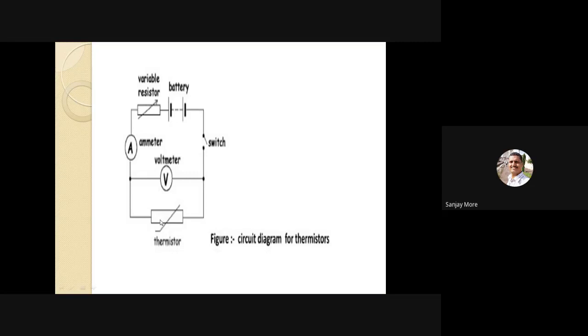These thermistors are used here. So whether the process or the concept is changed with the help of different parameters, for checking or measuring the temperature, different types of thermistors are used.